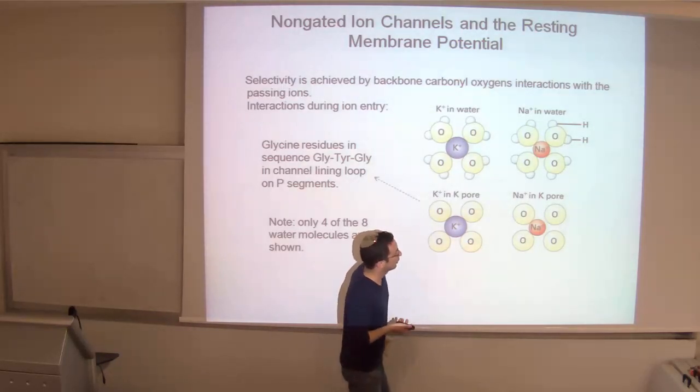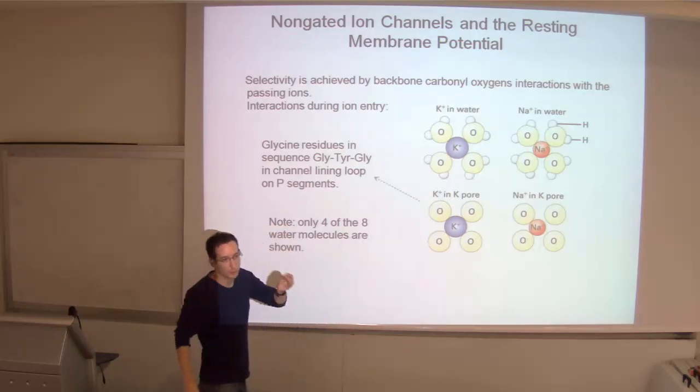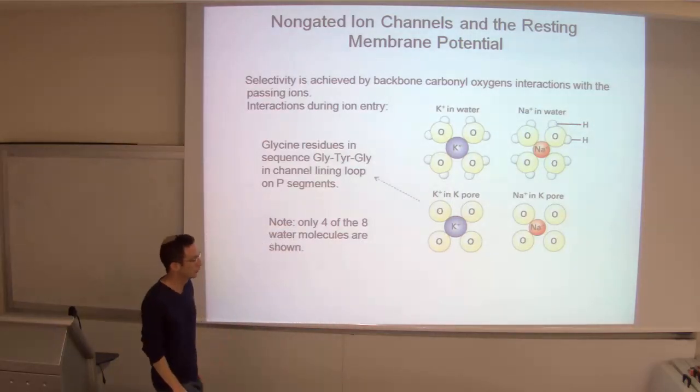So it's all about the activation energy of the entry of the ion into the channel. This is the reason why potassium passes through the channel and not sodium, the reason for the selectivity of the potassium channel to potassium ions.